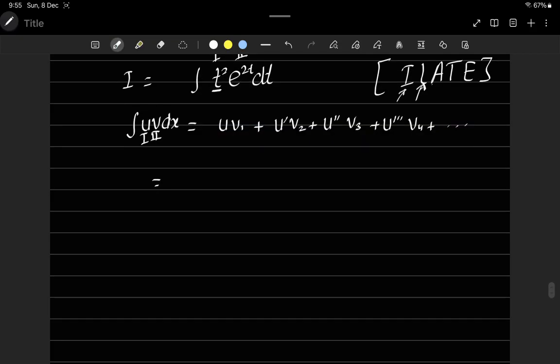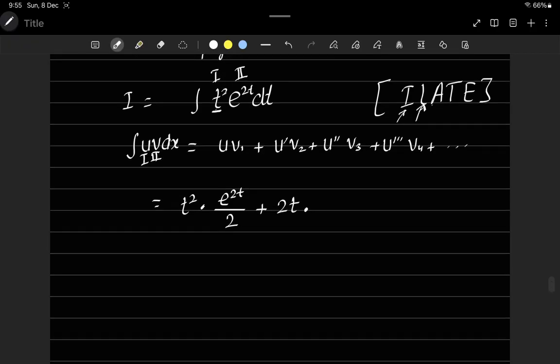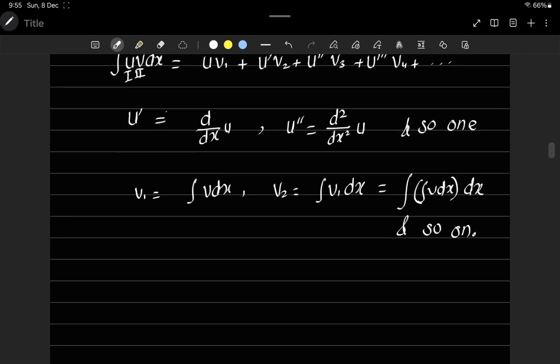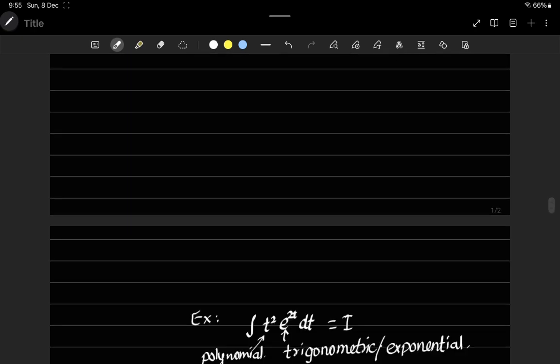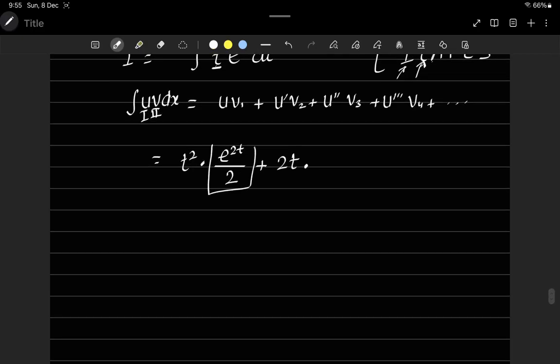So this will be equal to first, that is t square, into the integral of the second function. Here the integral of e to the power 2t is e to the power 2t divided by 2. Then u dash, the differentiation of t square, which is 2t, times v2. Notice that v2 is the integral of v1 dx, and we have already calculated v1.